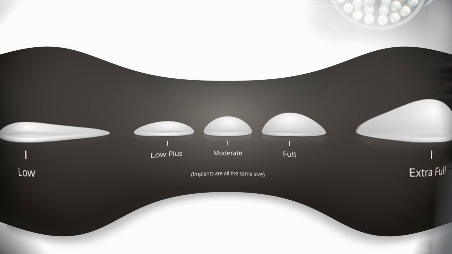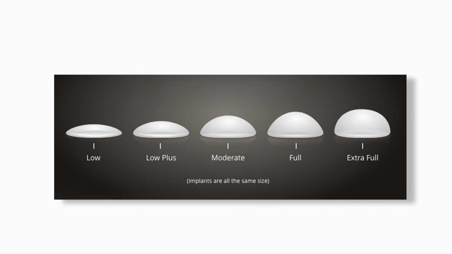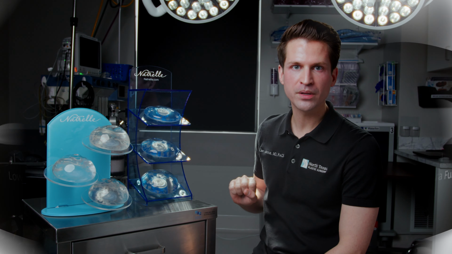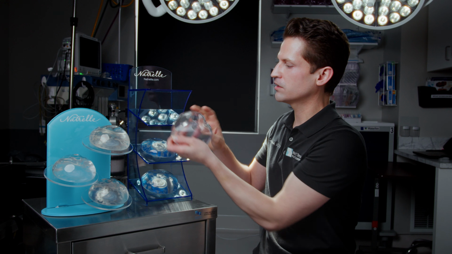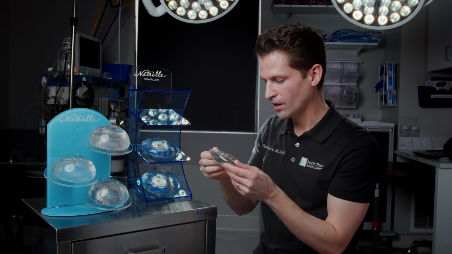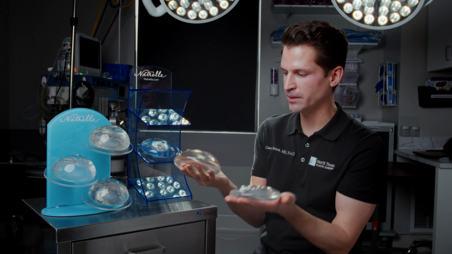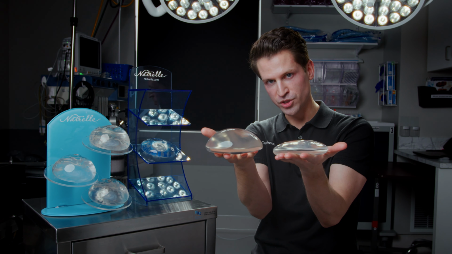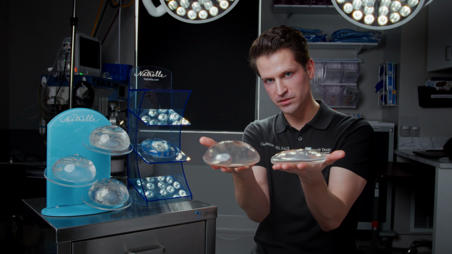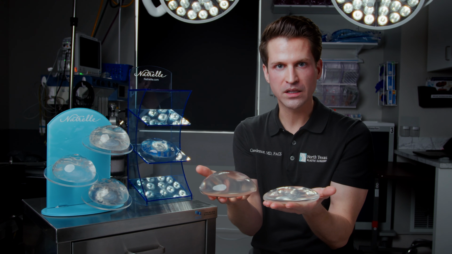As we increase in profile, the thickness of the implant itself is going to go up. If we compare our low profile implant versus our high profile implant, we'll see high profile projects more forward and is rounder. Now I'm already using terminology which might start to get confusing, but I'll clarify it throughout.